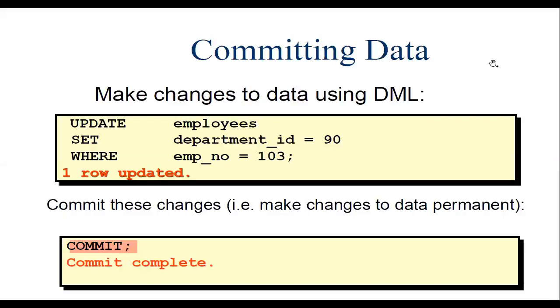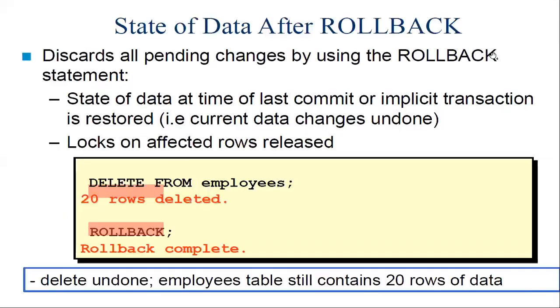And next one, state of data after rollback. We have seen what a commit is and what a rollback is. Here, the rollback statement discards all pending changes. Whatever changes were done during the transaction to all the data items will be cancelled and discarded.